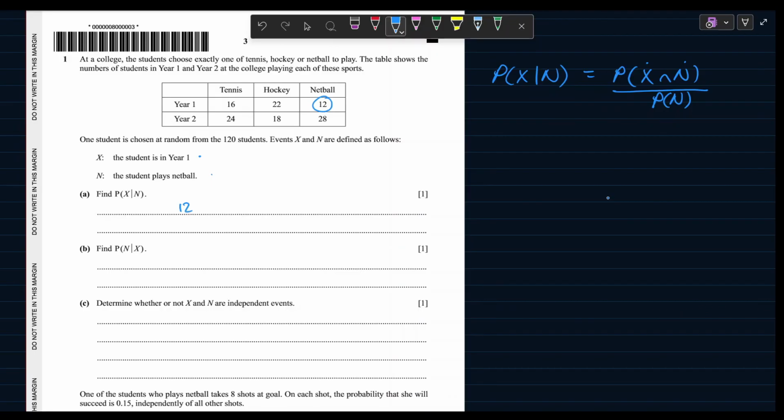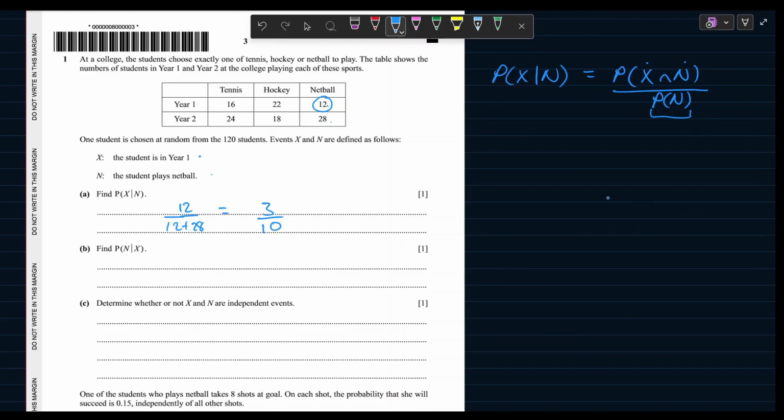So that's 12 over the probability of N, the probability that they play netball, which is 12 plus 28. And what does this simplify to? 12 over 12 plus 28 gives us 3 over 10.